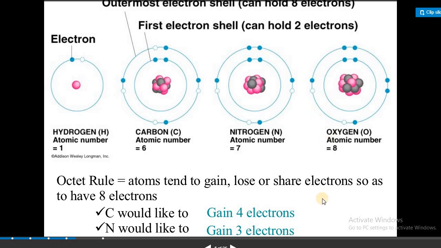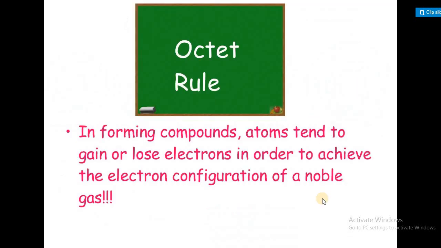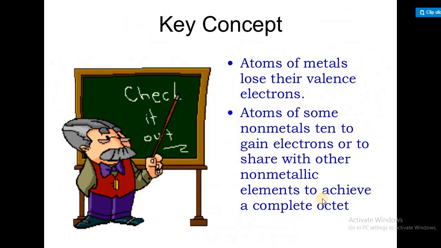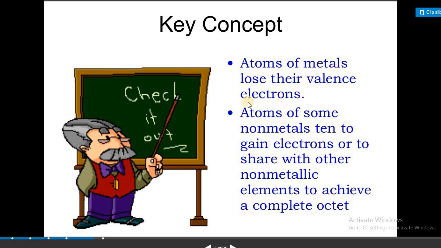So let's move further. The key concepts we have discussed are that atoms which lose electrons form positive ions, and metals can lose electrons, so they form cations. Non-metals gain electrons, so they form anions.